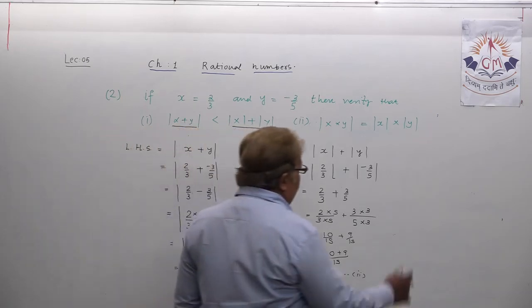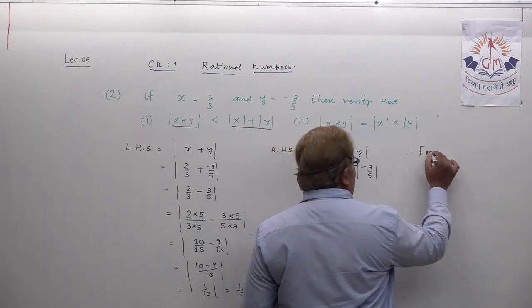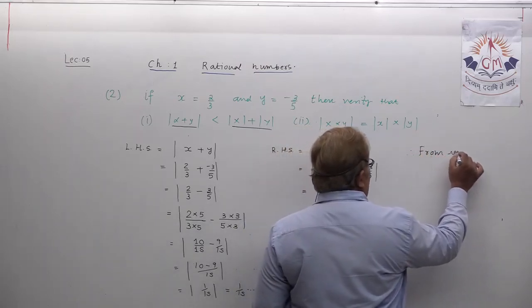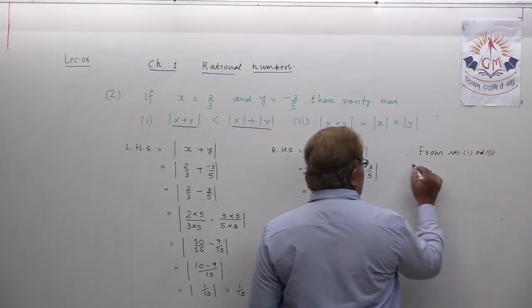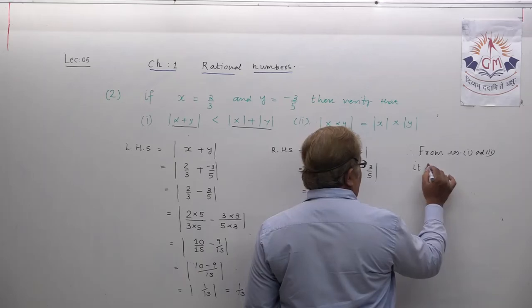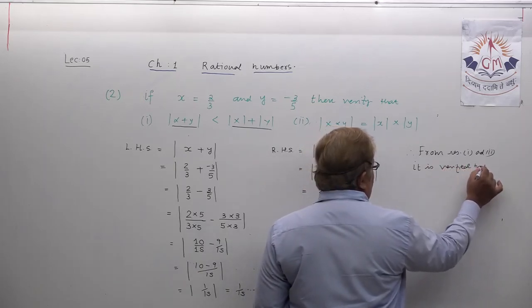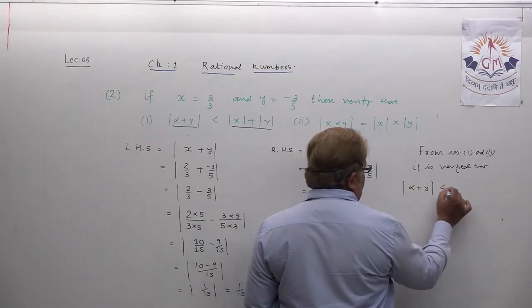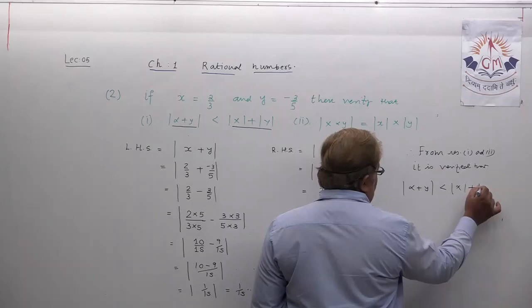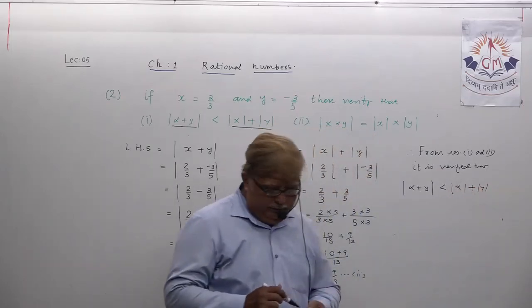How will you write it? Can you speak the statement from result 1 and 2? It is verified. This way you have to write: verified that modulus x plus y is less than modulus x plus modulus y.